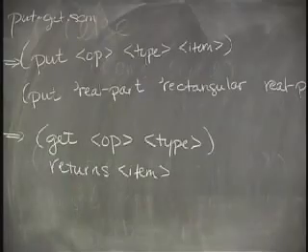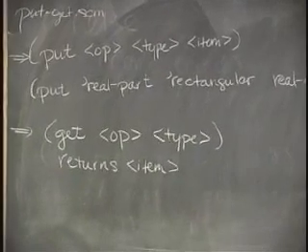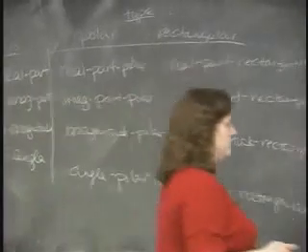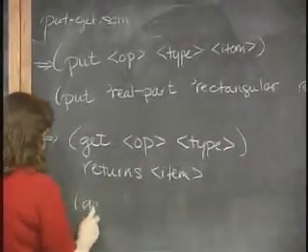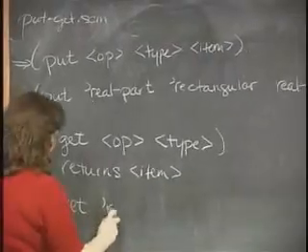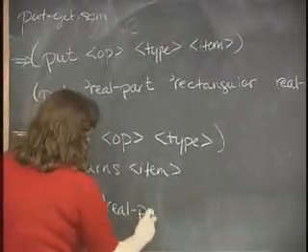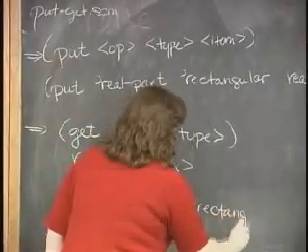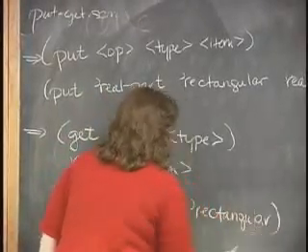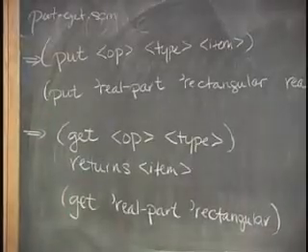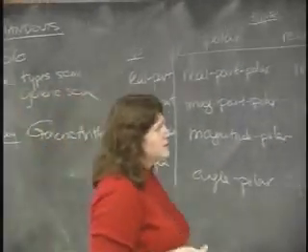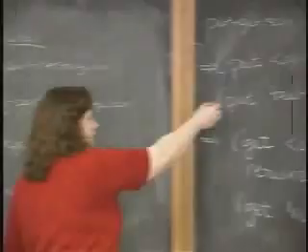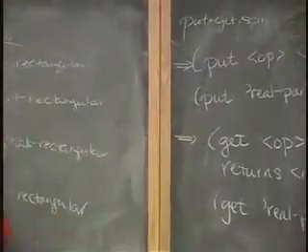So if we knew that we were trying to get the real part and we knew we had a rectangular number, we would write get, real part, rectangular. Okay? And that would return to us the procedure real part rectangular. Okay, so this is how we put stuff in, and this is how we get stuff out.